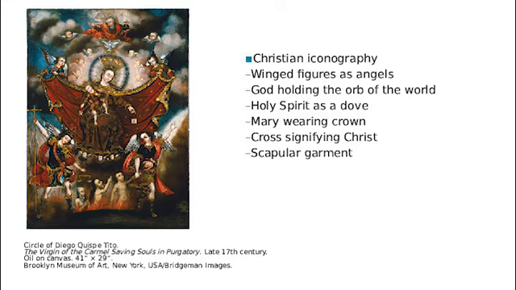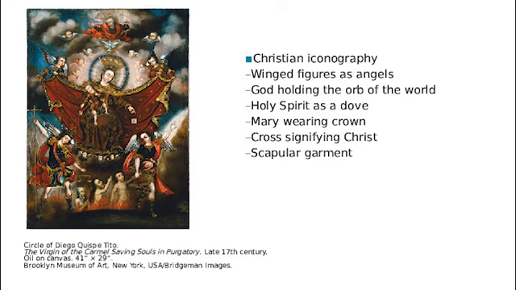I mean, a gentle authority, but still an authority, being a ruler. Also, the cross itself is a signifier of Christ, and this scapular garment is something that is symbolic in Christianity. So there's a lot of symbolism and iconography in this work of art.